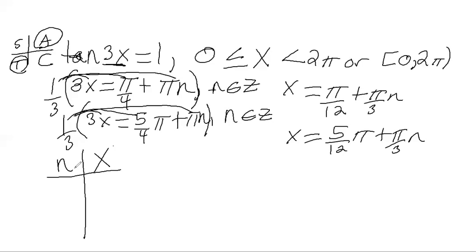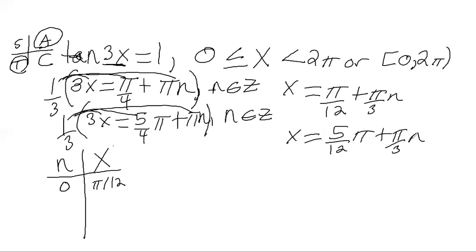So that doesn't do it because, well, that's less than 0. So then I could start with n equals 0. So that would give me pi over 12.